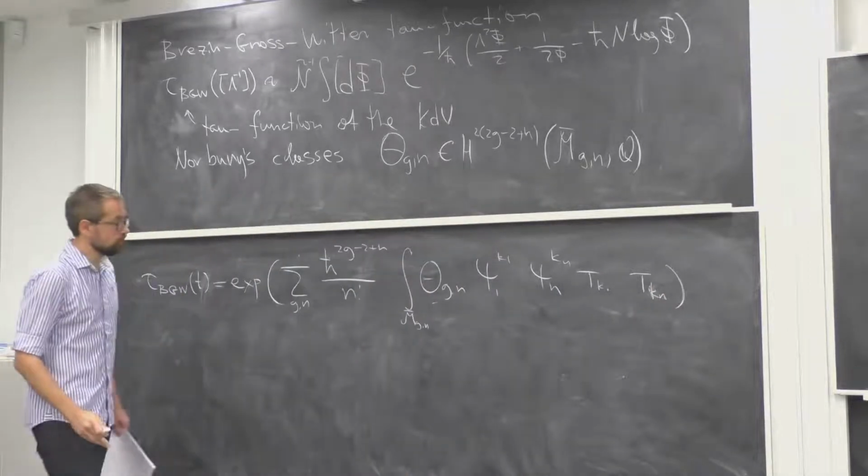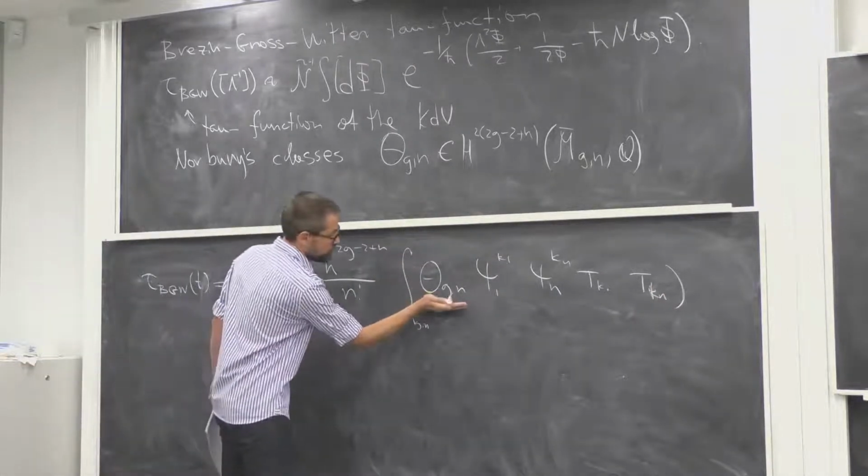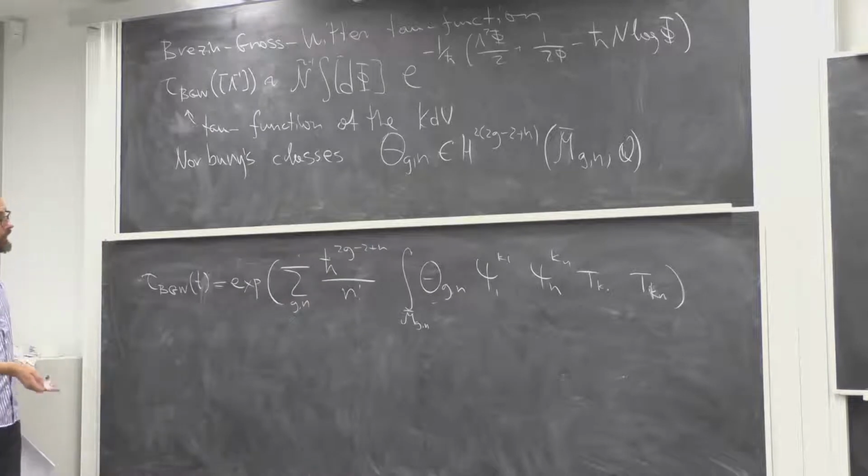So we consider exactly the same generating function with insertion of a theta class. And again, this is the tau function of KdV, which is given by the asymptotic expansion of this matrix integral.